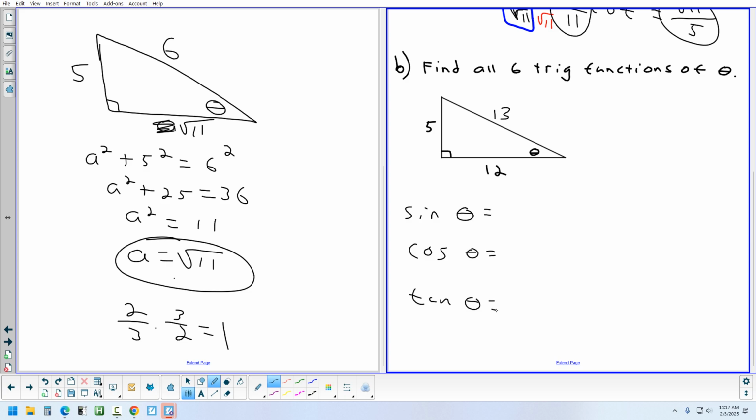Again, not finding the angle itself, finding trig functions of the angle. What is my sine? Yeah. 5 over 13. How about my cosine?